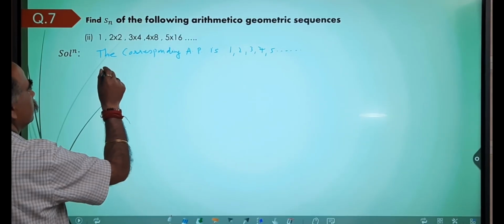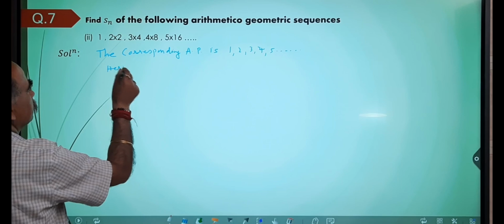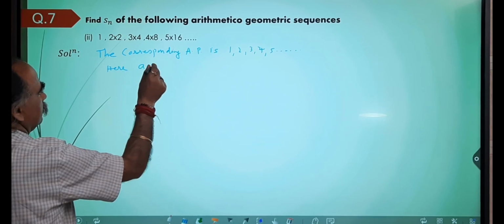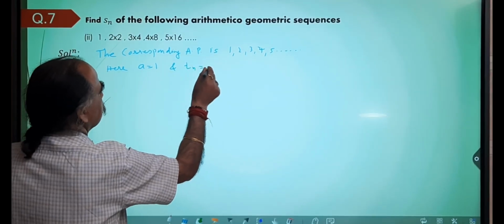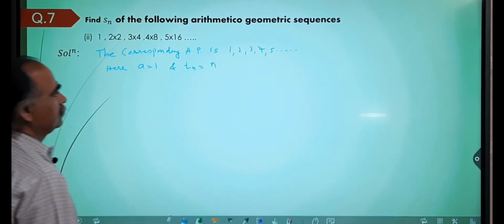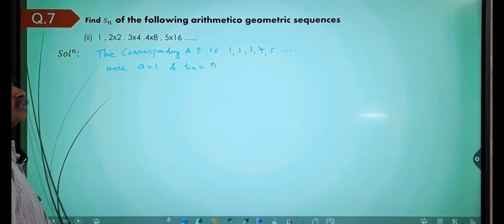Therefore, here A is what? 1, and nth term is what? N. It is simple, 1, 2, 3, 4, 5.